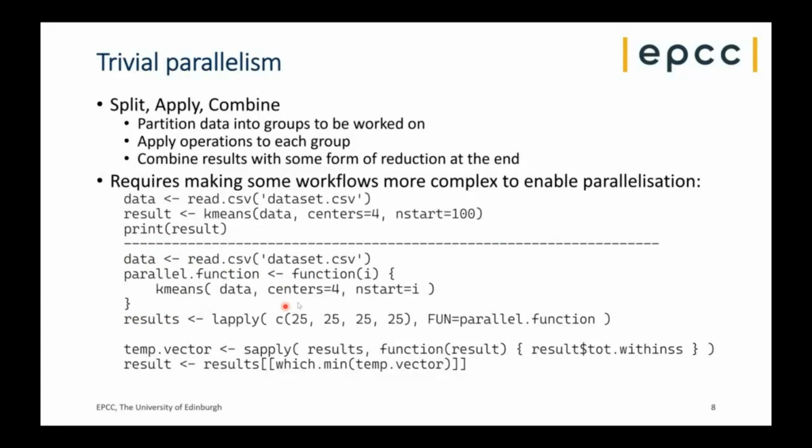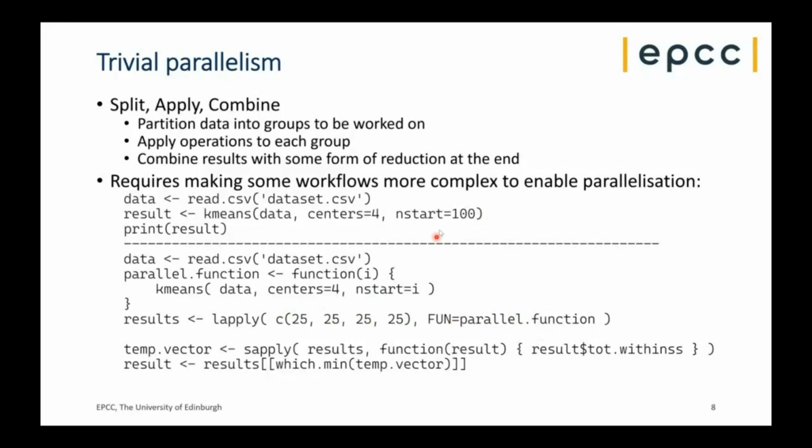I want to make this something where I can actually split up my k-means into multiple k-means, each with a different starting point, and then use a supply function to split up our data. So we're applying 25, 25, 25, and 25 to this function.